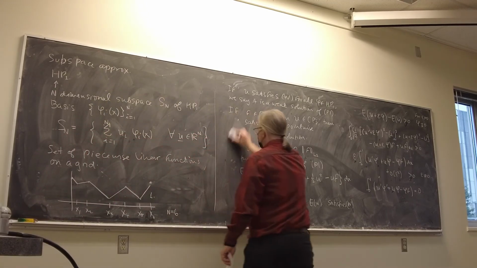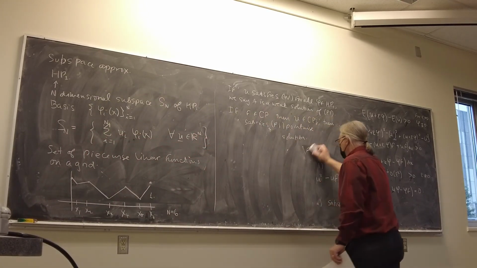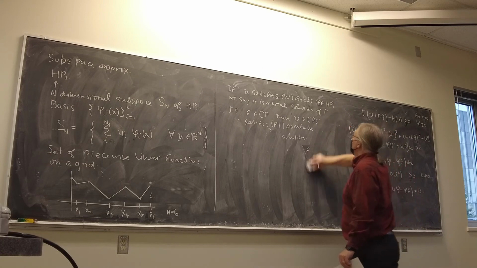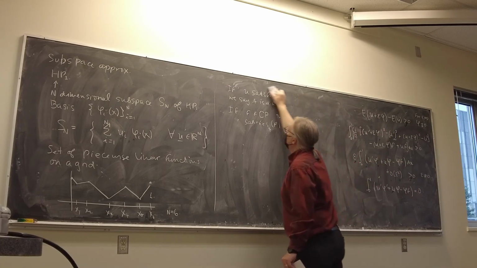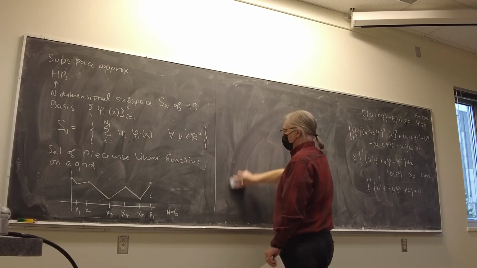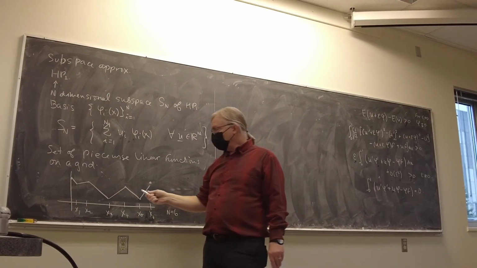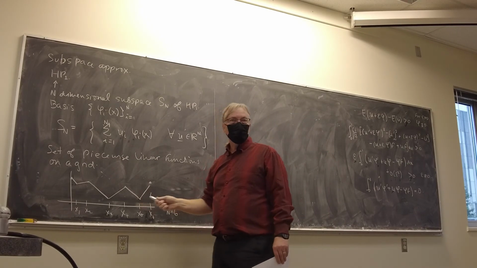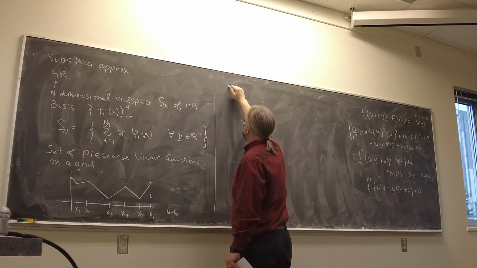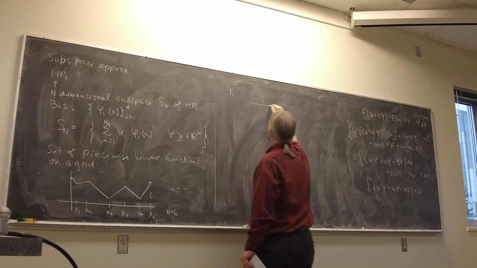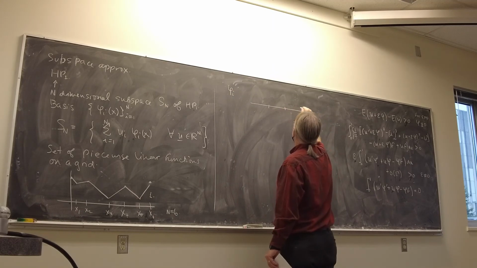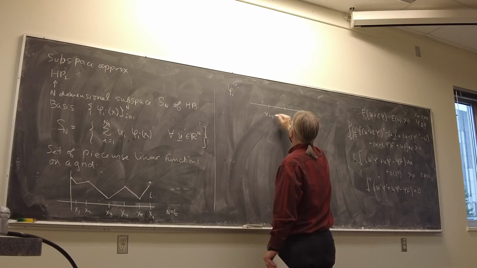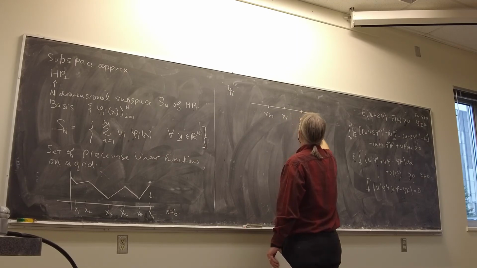And the basis vectors are just the linear interpolants where I've got value 1 at one grid point and value 0 at all the other grid points. So the phi looks like x_{i-1}, x_{i+1}.